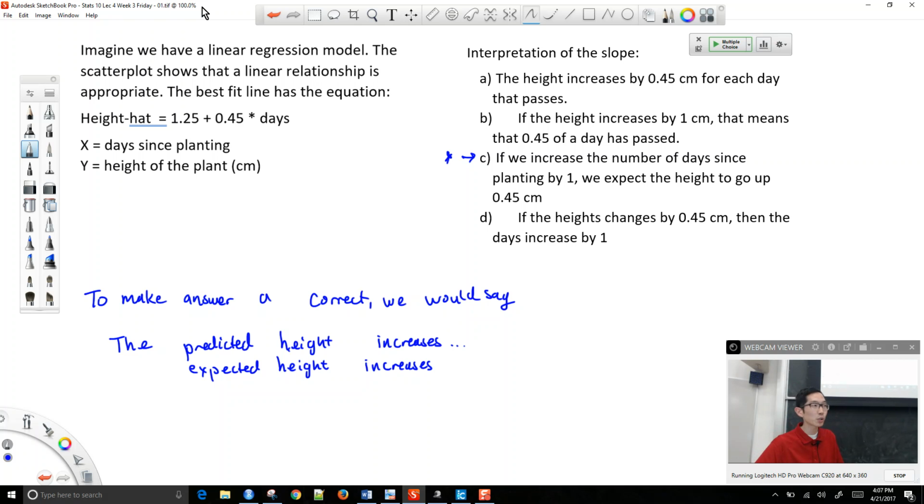The linear regression model is just a model showing what we predict or expect to happen based on the x value. And so answer choice C is correct, and it sounds a little bit funny to say if we increase the number of days since planting by 1, but basically what we're saying is if we increase the x variable by 1, which x is days since planting, we expect the height to go up by 0.45 centimeters, which is the interpretation of the slope here.